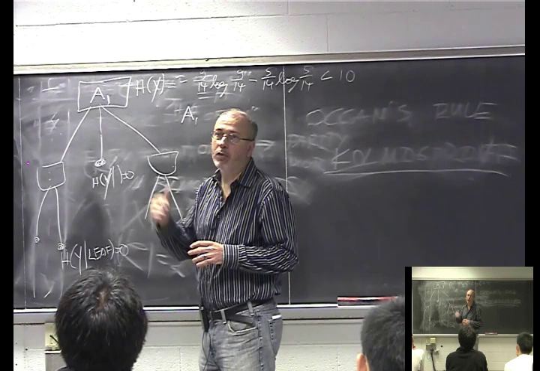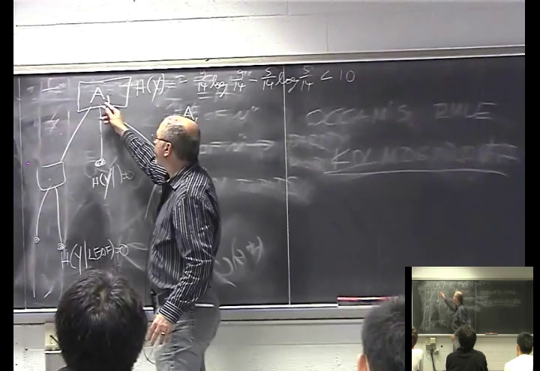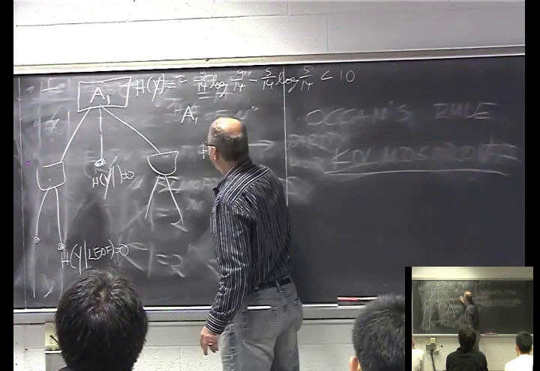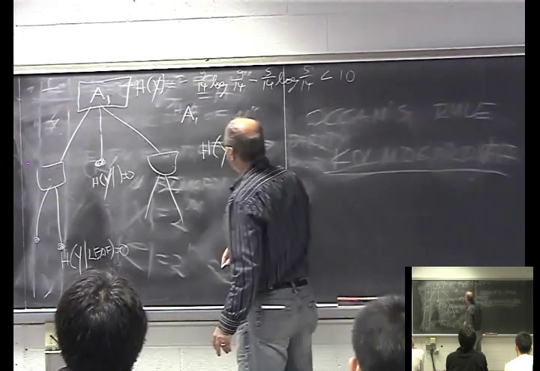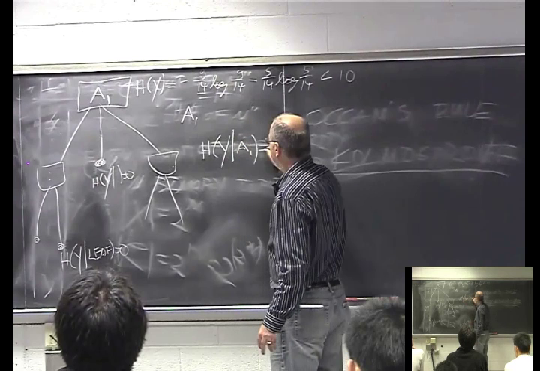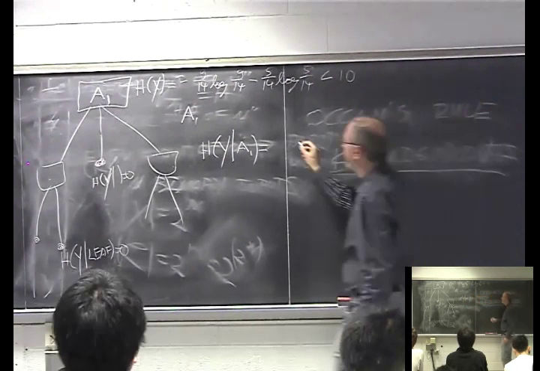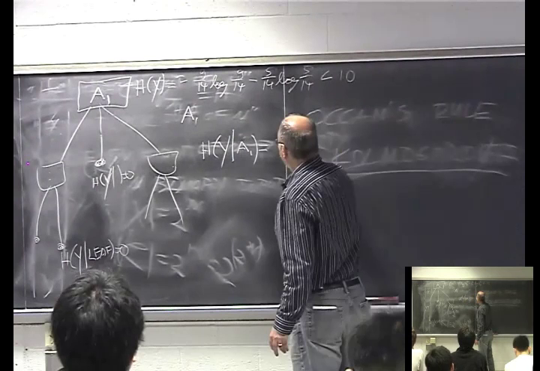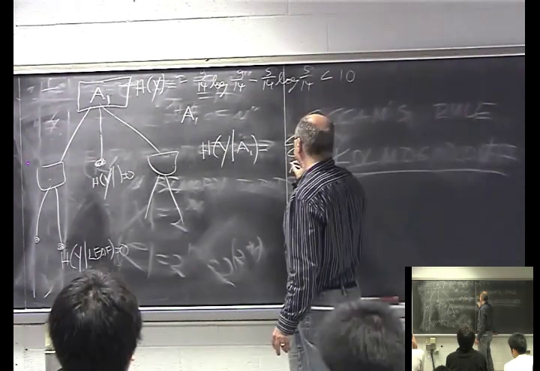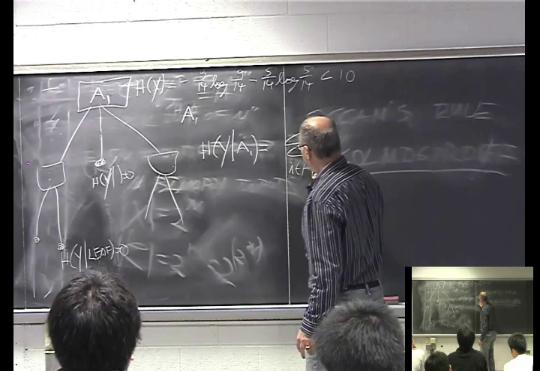How are we going to calculate the overall reduction in entropy as a result of asking question A1? Entropy of the answer given A1 is the sum over all possible values of A1. Let's just say I belongs to A1.